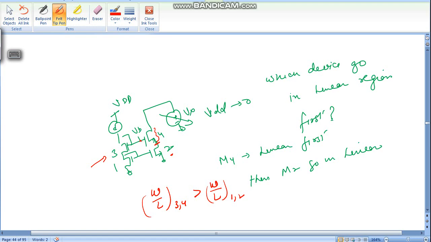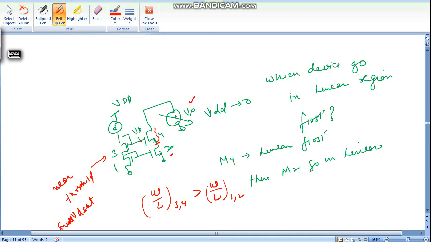We will size these two near threshold so that we have a small VDsat for these devices, so that we can gain some Vx margin.